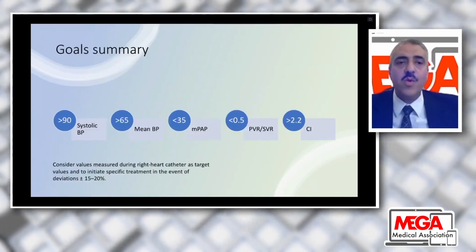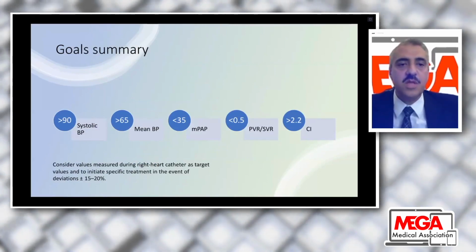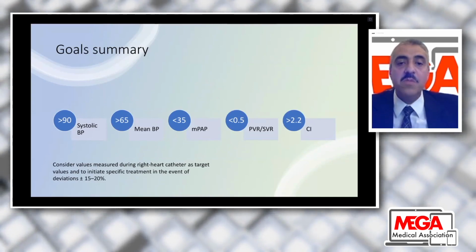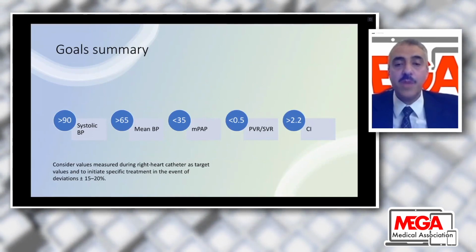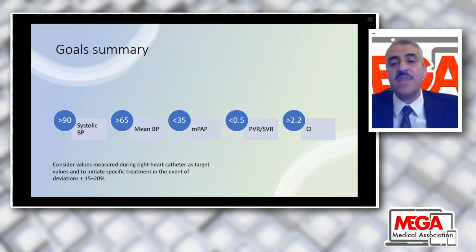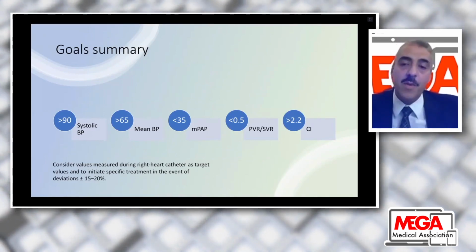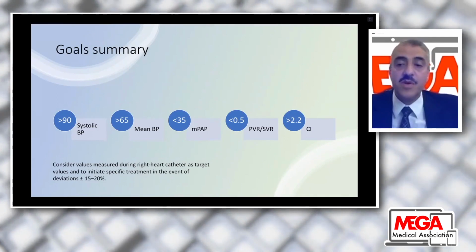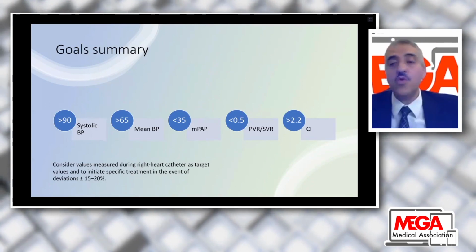The goal summary, or the overall summary of the goals we are going to use, is that we need to keep the systolic pressure above 90, mean blood pressure above 65, mean pulmonary artery pressure below 35, and the ratio between the pulmonary vascular resistance and the systemic vascular resistance below 0.5, by keeping the pulmonary vascular resistance dilated and maintaining the systemic vascular resistance, and keeping the cardiac index more than 2.2.